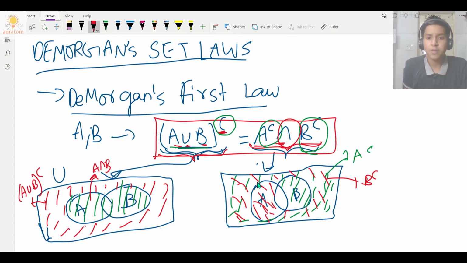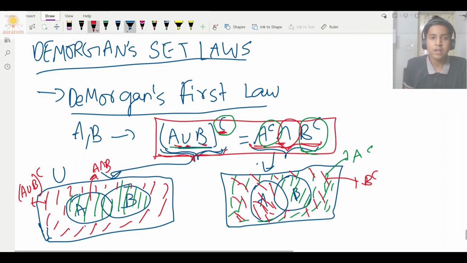So what is the common part of A complement and B complement in this Venn diagram? I mean, what is the common part of the green and red? It is this part, right? This part out in the universal set, which is outside of this part, which is A union B. So the common part of green and red, which is the intersection, is this outside part in the universal set, which excludes this A union B part.